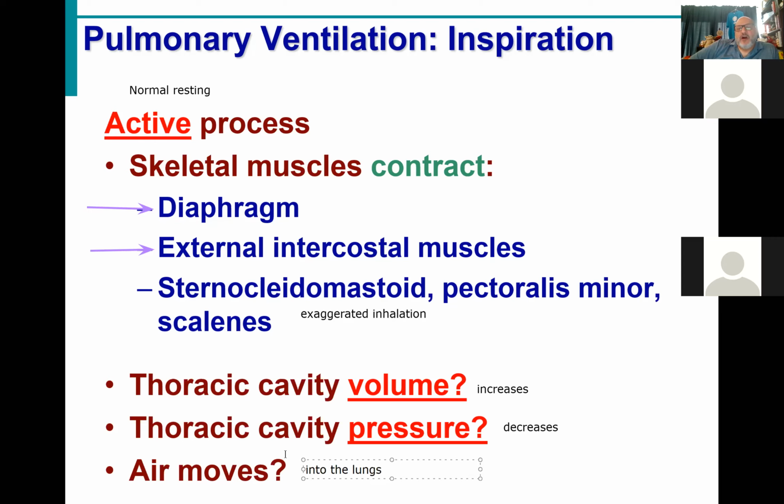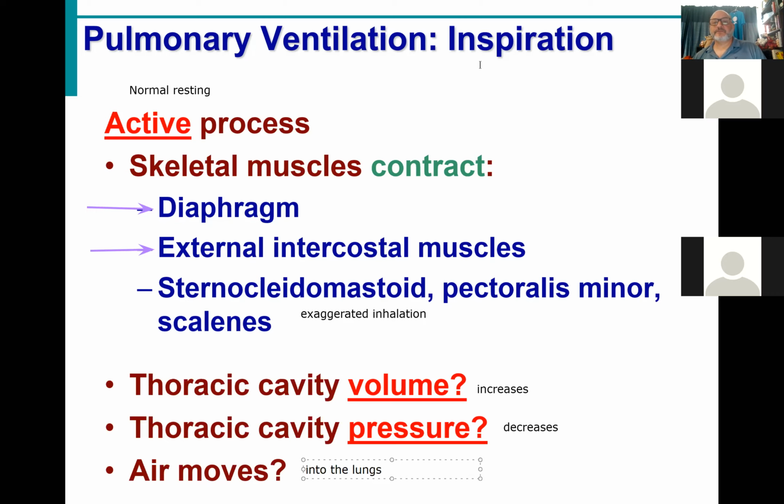So those wouldn't work that way. As far as inhalation goes, though, I think all of the inhalation muscles are above the diaphragm. That seems to make sense. The exhalation ones are where it gets a little trickier.